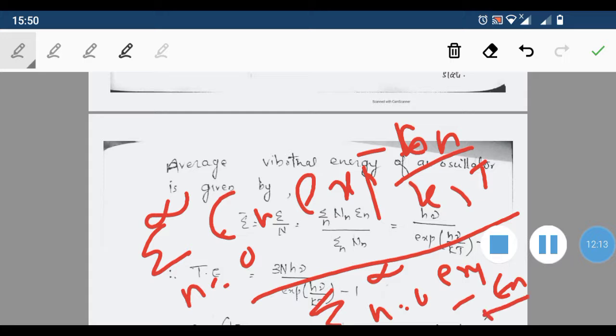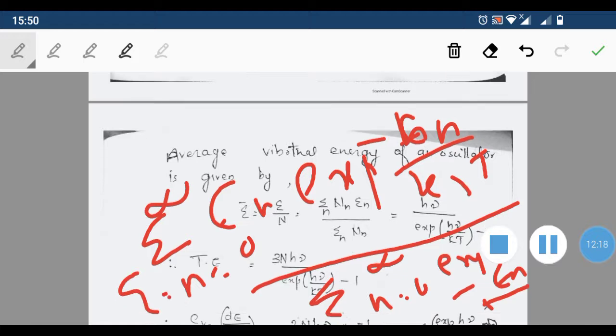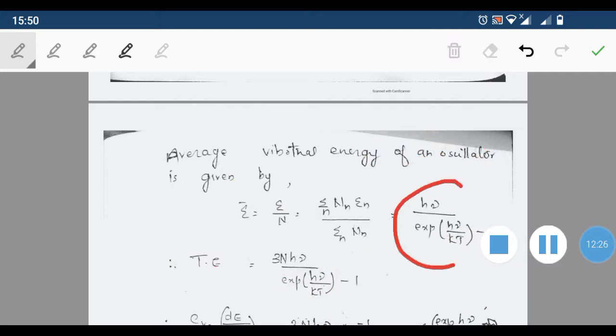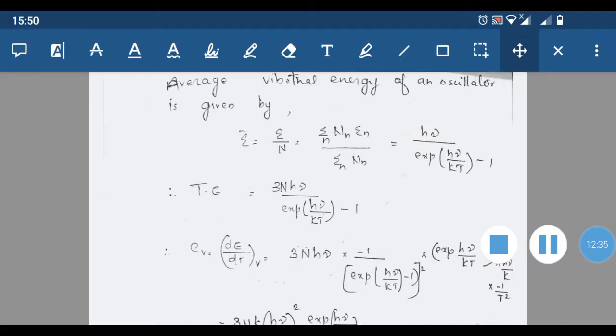So this is the general expression for average energy in the case of harmonic oscillators which obey the Maxwell-Boltzmann distribution, and the value of which is found to be h nu divided by exponential h nu by kBT minus 1. So this is the expression for average energy. Here also, in lecture number 28 of the same lecture series, you can find the derivation of this.